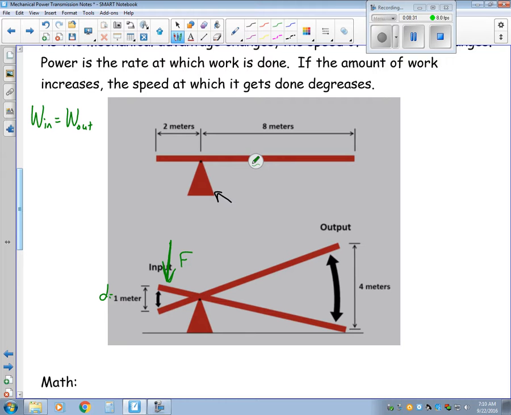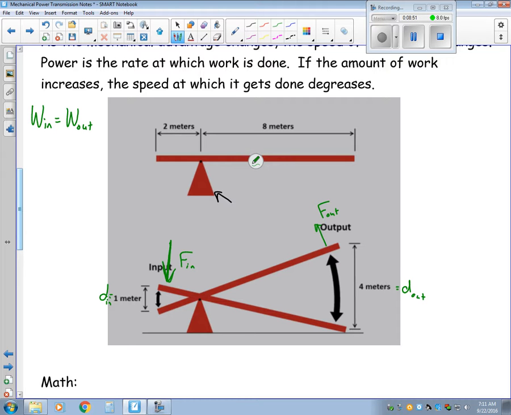When we press down on that lever, the output force is on the other side, and we get another distance, an output distance. So over here we have our input distance.